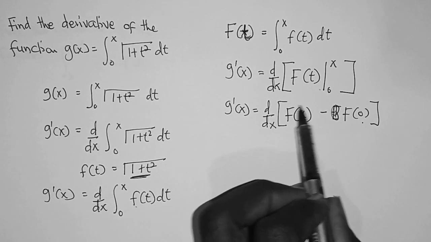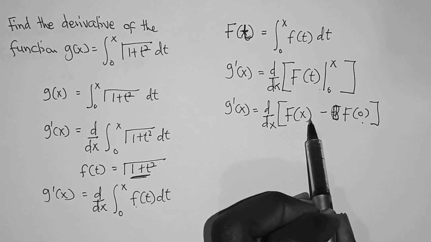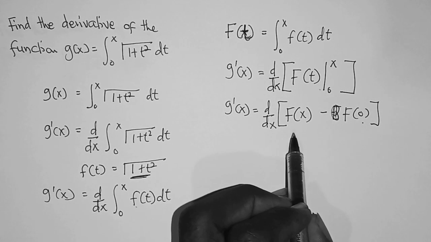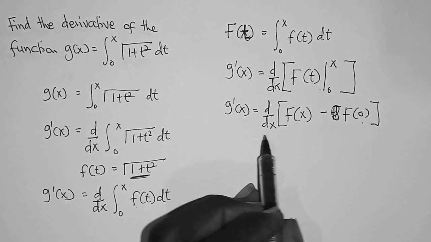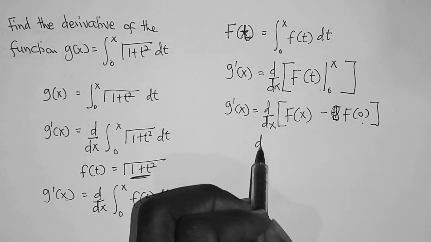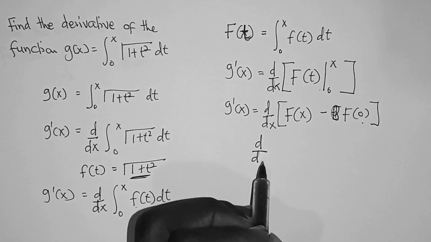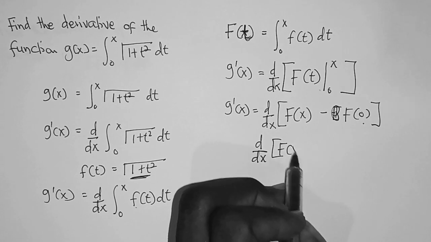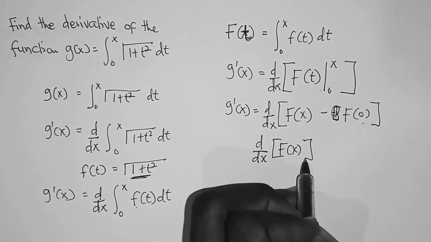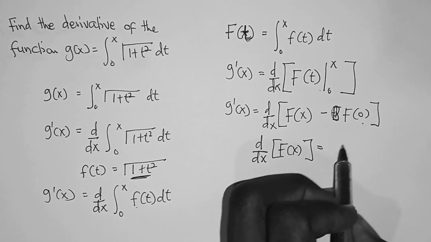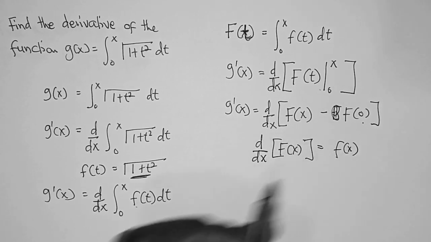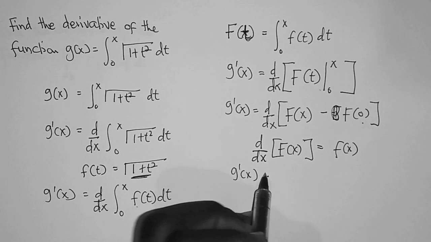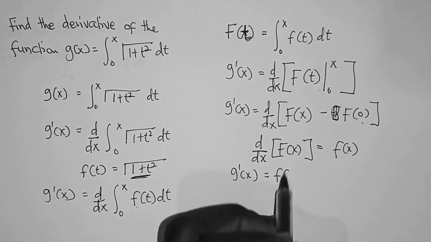Now, if we differentiate this capital F of x, remember that by the fundamental theorem of calculus, which is the first part, we established that d dx of capital F of x is equal to small f of x. So therefore, g prime of x is equal to f of x.